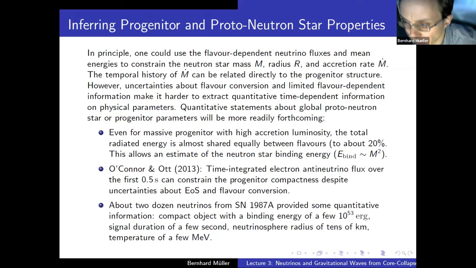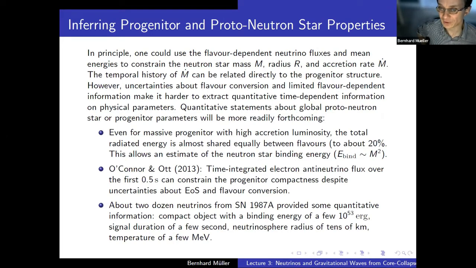And combining time-dependent data on the neutrino energy spectrum and their absolute flux with each other, and then reconstructing M and R and M dot as a function of time. In practice, though, because among other things of the question of flavor transformation, it's not that simple.